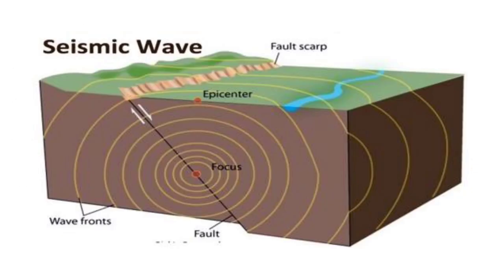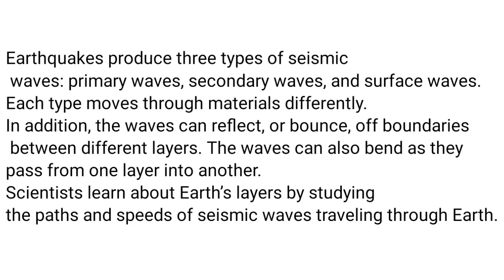When an earthquake occurs, the point from where the seismic waves originate is known as the focus, and right above the focus on the earth's surface, where the first seismic wave hits, is known as the epicenter. Earthquakes produce three different types of seismic waves: primary, secondary and surface waves.